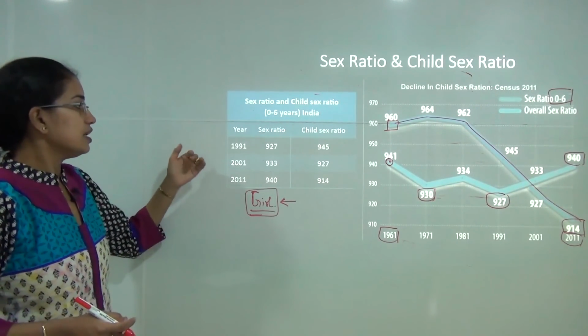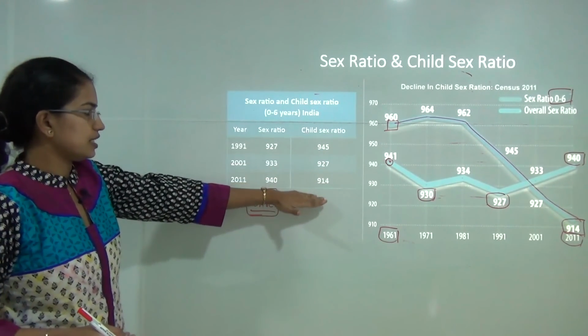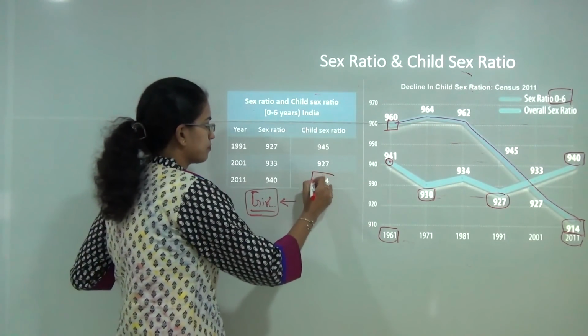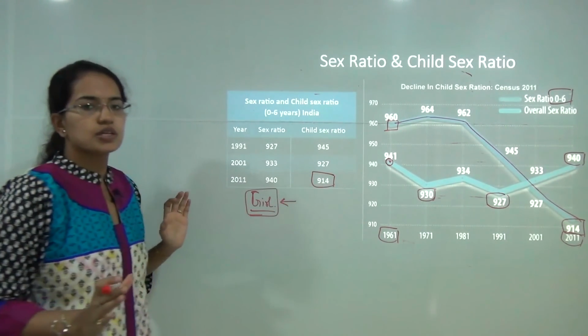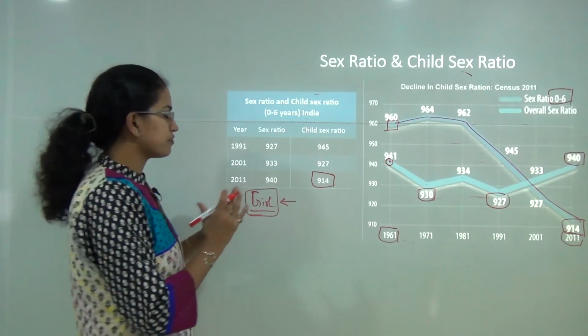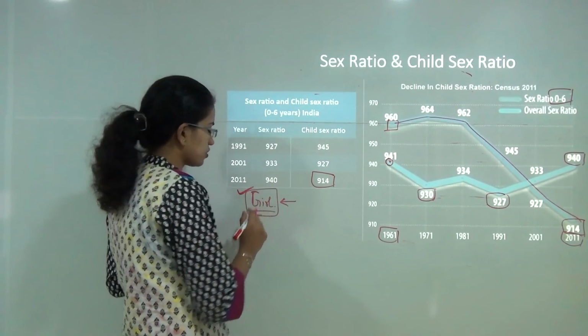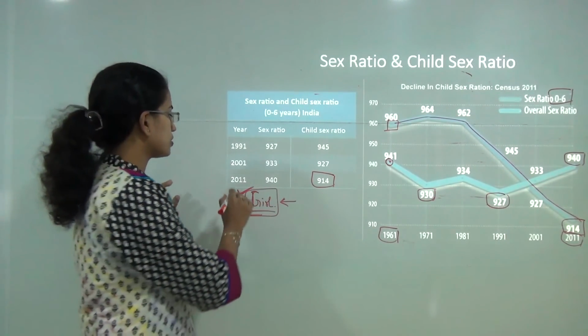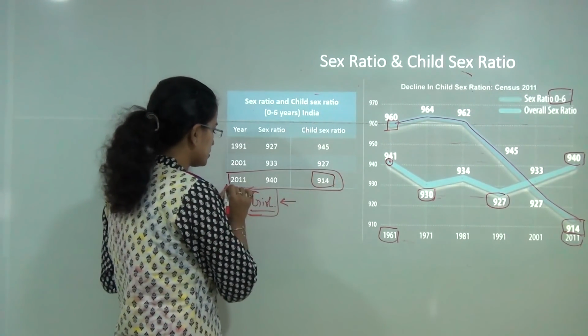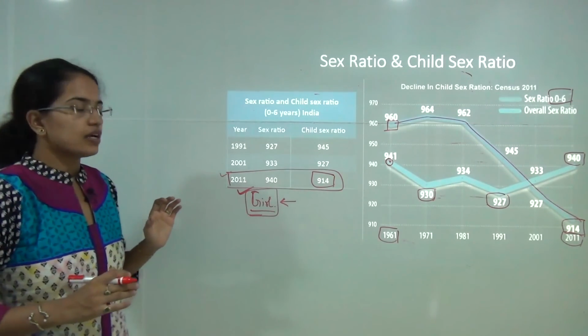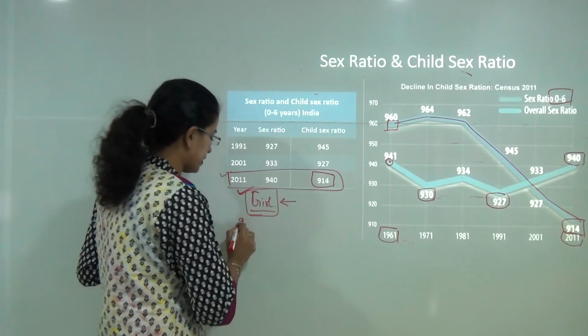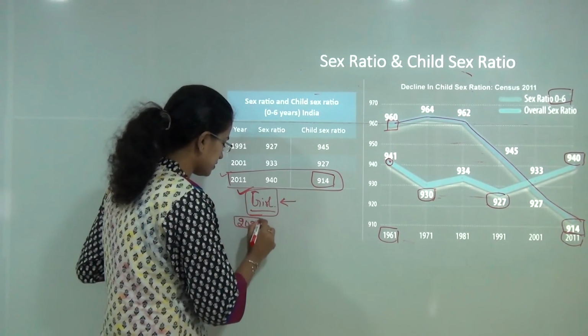You can see the sex ratio has declined significantly in the younger age groups. So there is more vigilance and focus from the government, which came with the 2011 census, and there are hopes of improvement for the 2021 census.